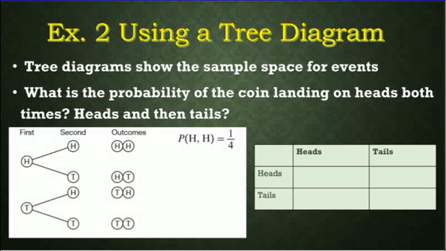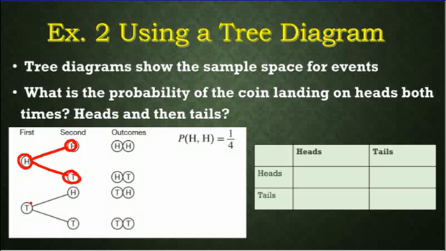So here on the left-hand side you see a tree diagram. The first flip you get either heads or tails. The second flip you either get heads or tails as well. So let's just say the first flip you got heads. The second flip you can either get heads or you can get tails.